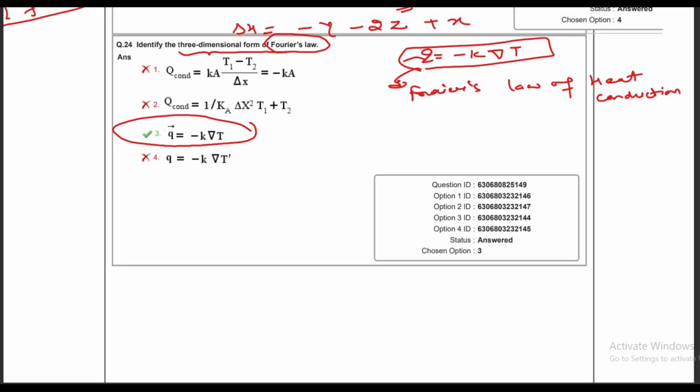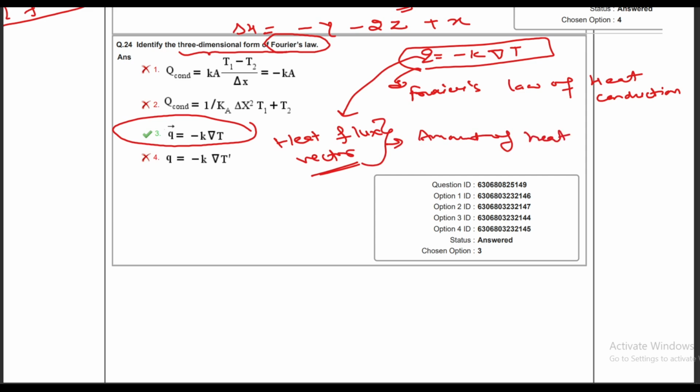So in this, q is heat flux vector, and this heat flux vector represents amount of heat transferred per unit area per unit time.